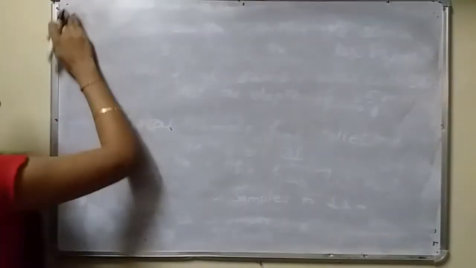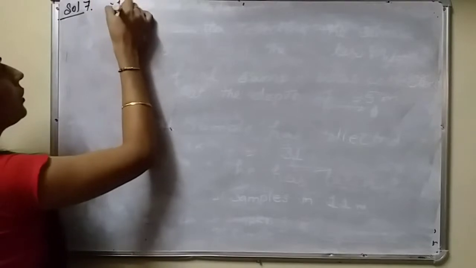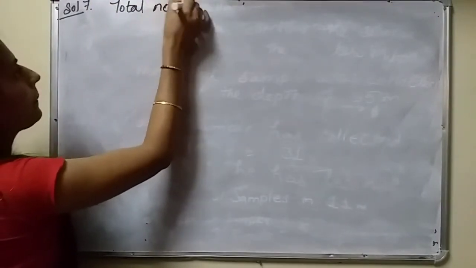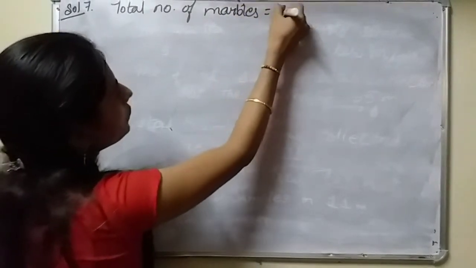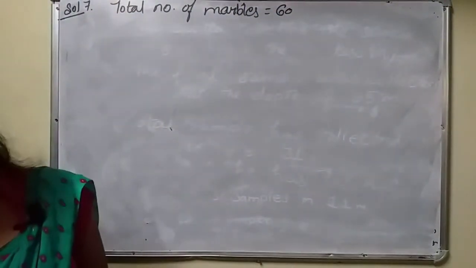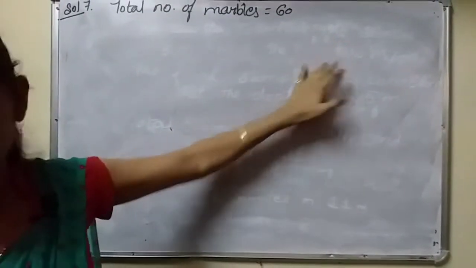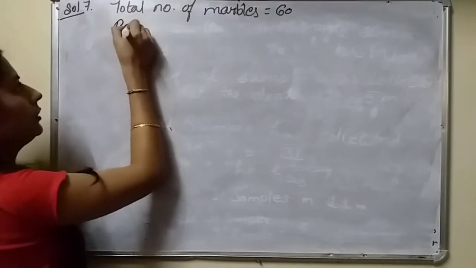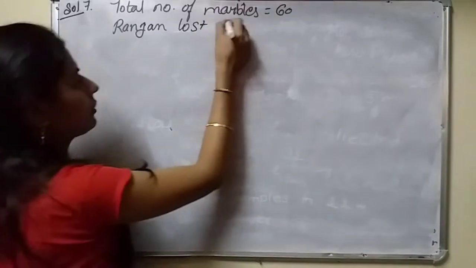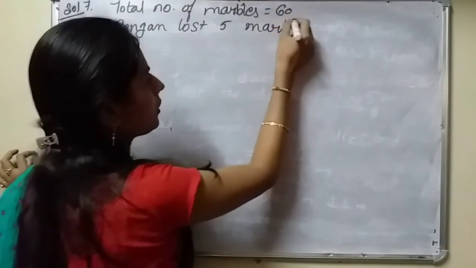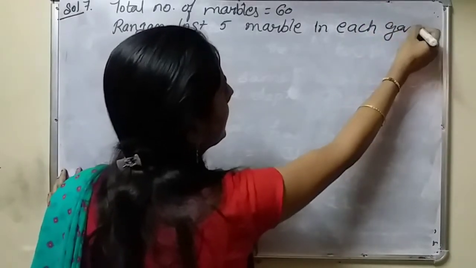Therefore, solution number 7, total number of marbles is equal to 60. Ranjan lost 5 marbles in each game.